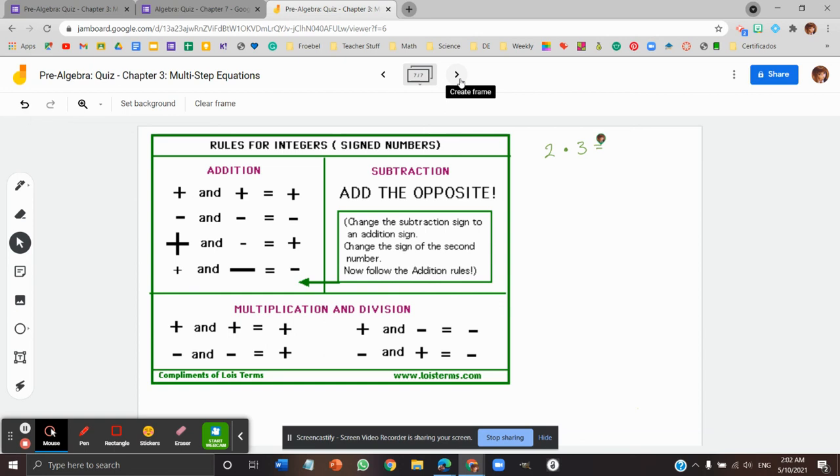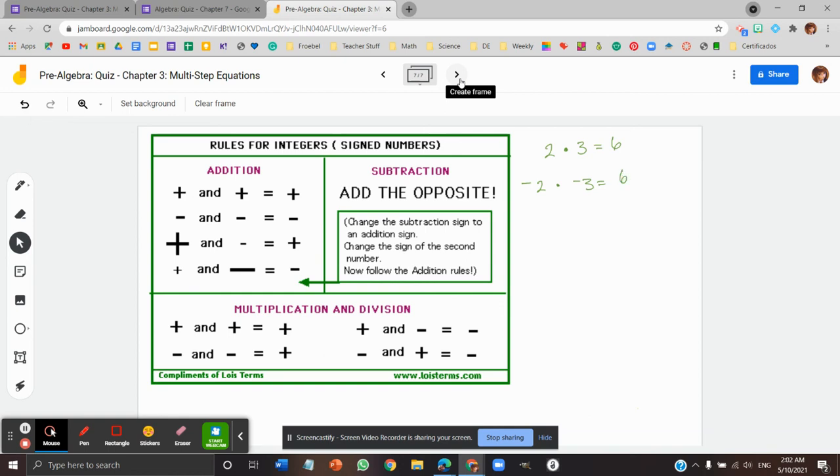They're both positive, therefore I know that my answer is going to be positive, and 2 times 3 is 6. If they were both negative, for example, -2 times -3, again, they're both negatives, therefore my answer is going to be a positive. That's going to be a 6 too. So you see, it's tricky.